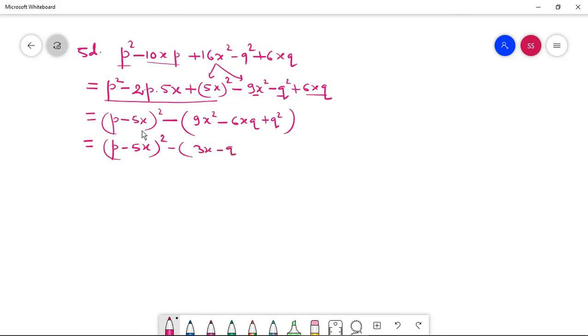And the first terms are a square plus 3 whole square, and all minus common, so I have written x square plus 8x plus 16. Here, a square plus 3 whole square.